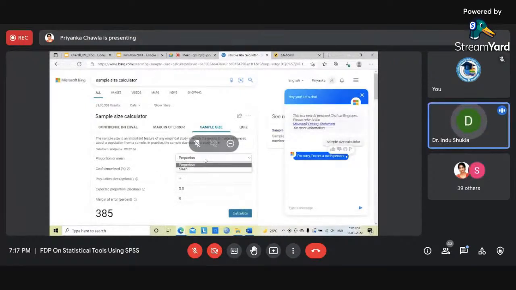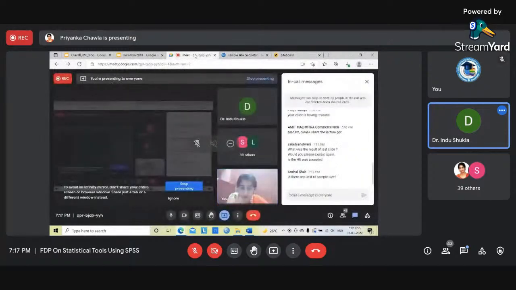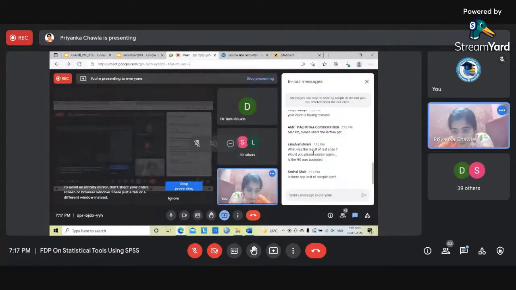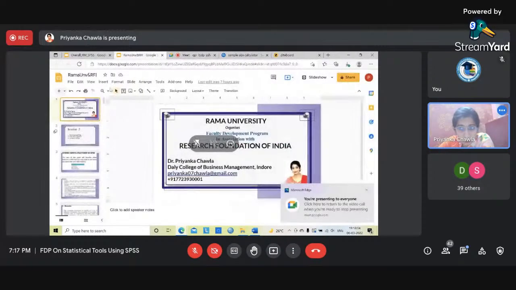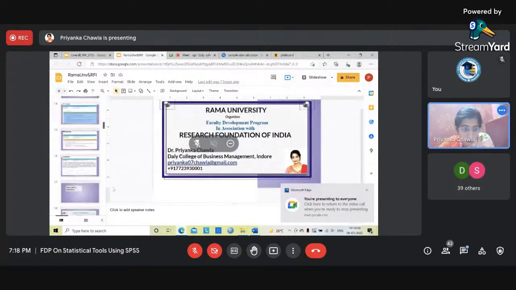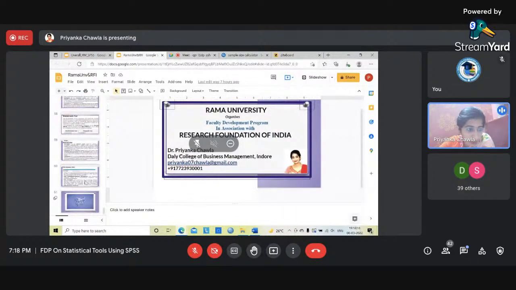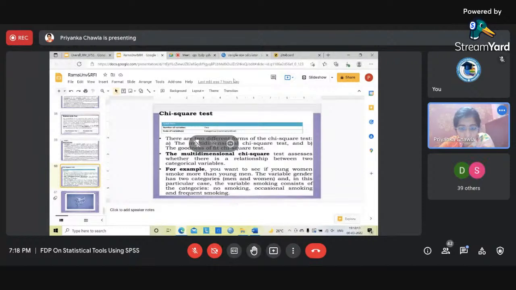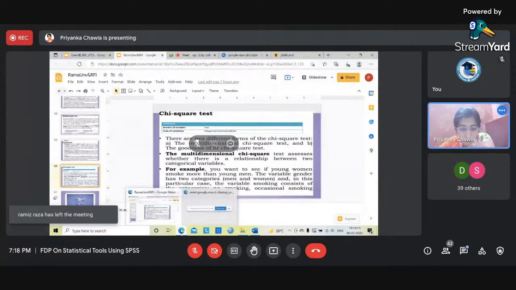Are there more queries? What was the result of the last slide? I explained the chi-square association. The p-value was greater than 0.05.